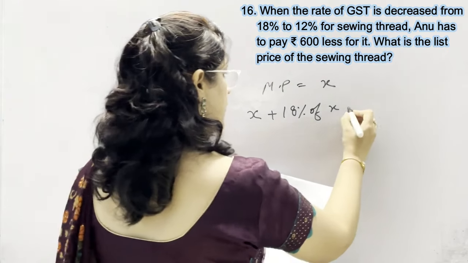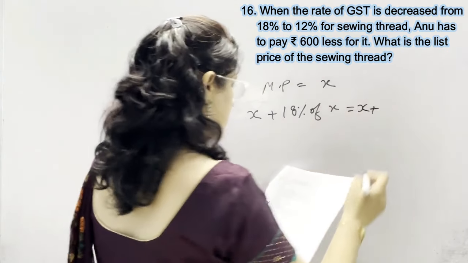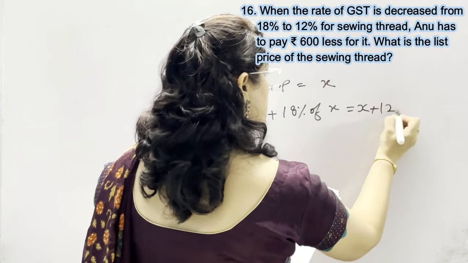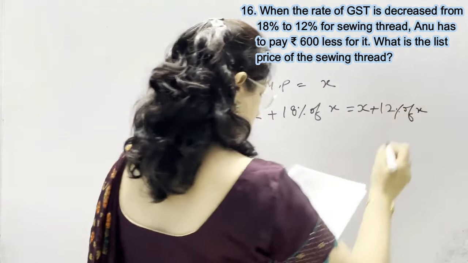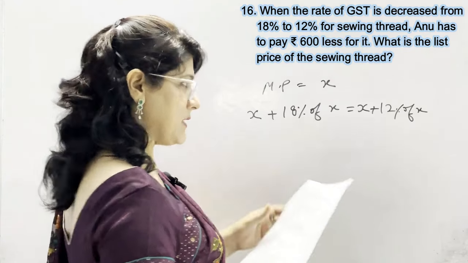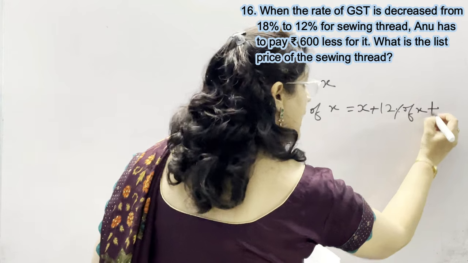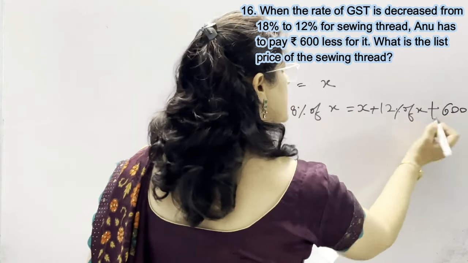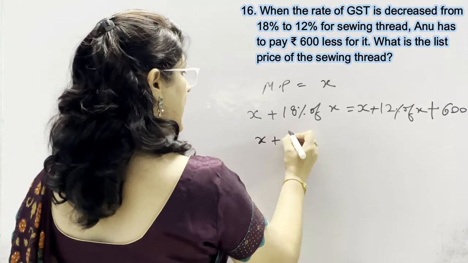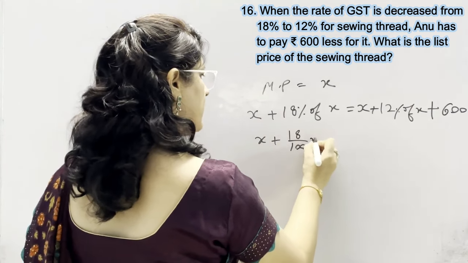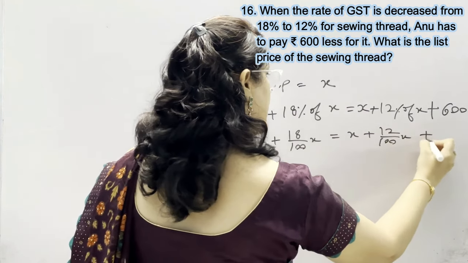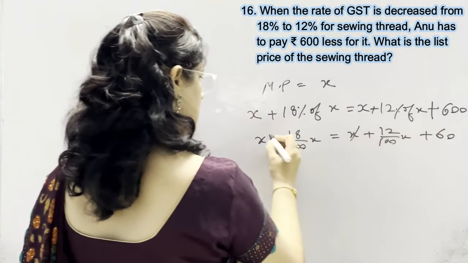But if the mark price is X and GST is reduced to 12%, it means 12% of X. And then in this case, Anu has to pay rupees 600 less. It means we need to add 600 on the side where GST is less. So for calculation, X plus 18% of X is equal to X plus 12% of X plus 600.